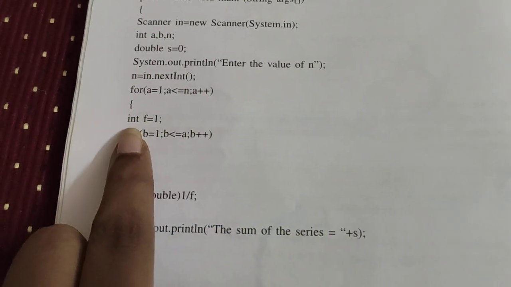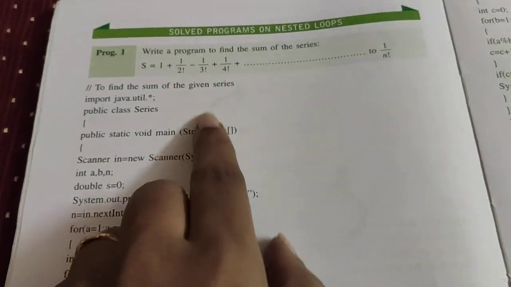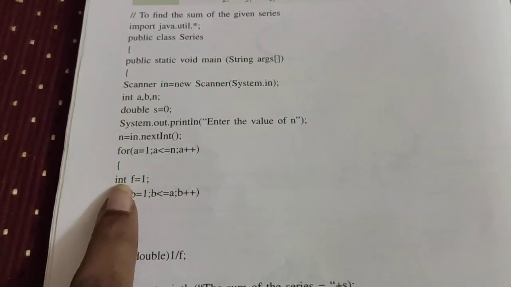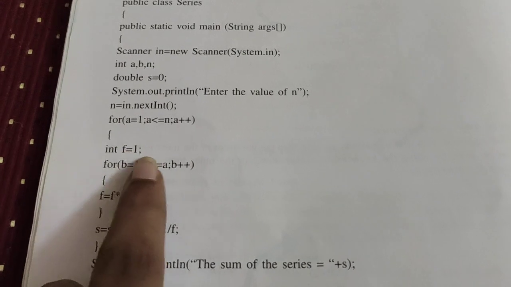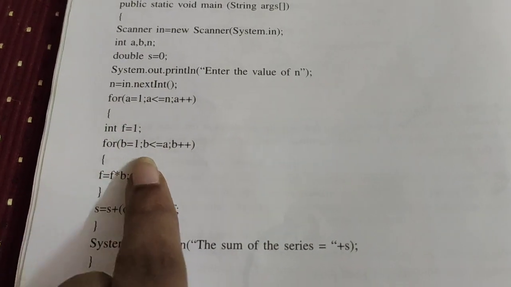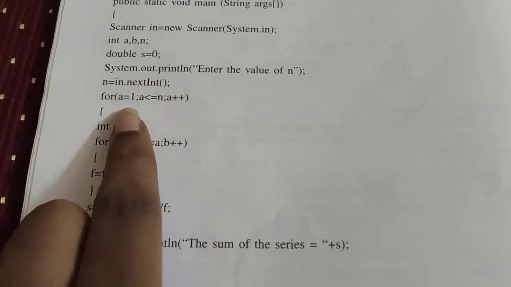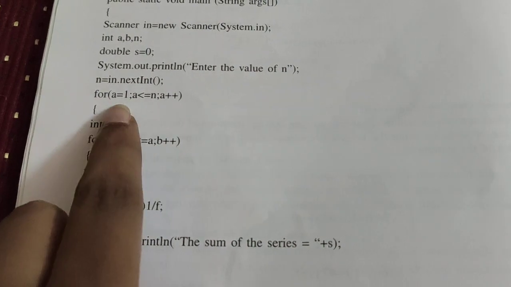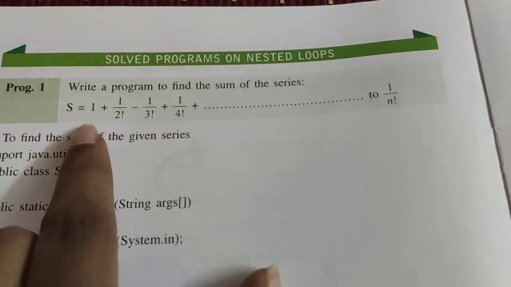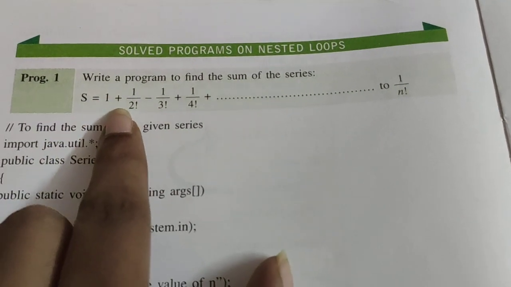Okay, then int f is equal to 1. To find the factorial, we have declared this variable f is equal to 1. For b is equal to 1, b less than or equal to a. The reason is, see here, 1 by 1 factorial is 1.